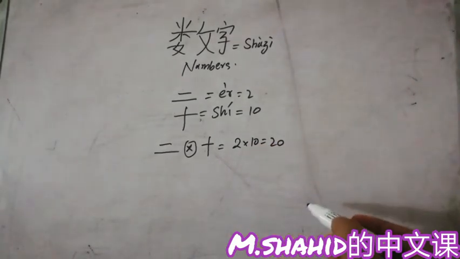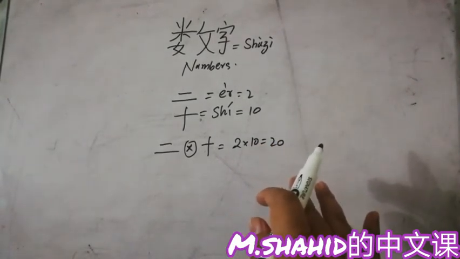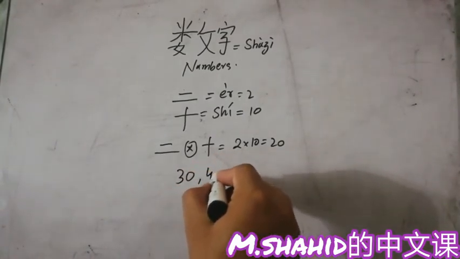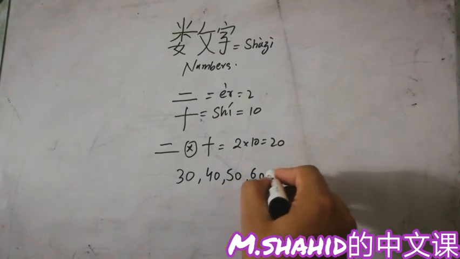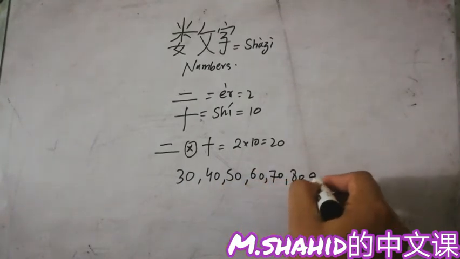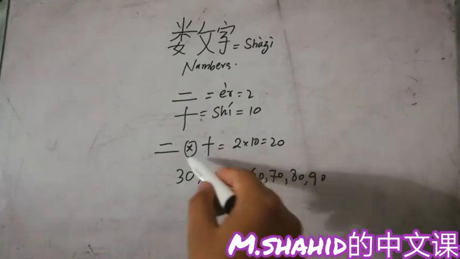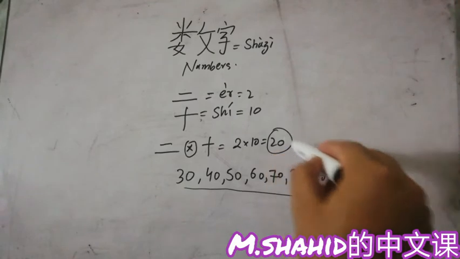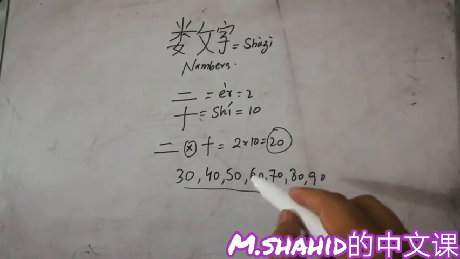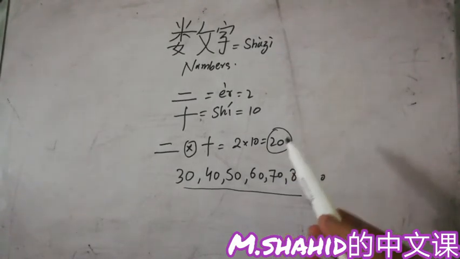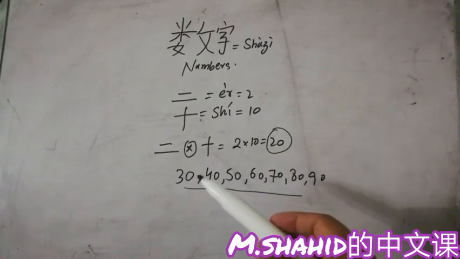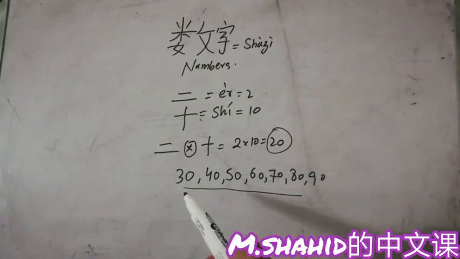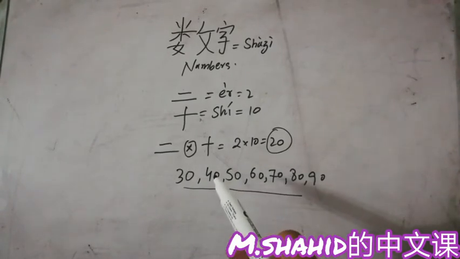20 as we mentioned. The same rule is going to be applied for numbers like 30, 40, 50, 60, 70, 80, and 90. The same rule will be applied for these numbers as we applied for the number 20. You will see for yourself that if you want to write the number 30, you just need to know the character for 3 and the character for 10.